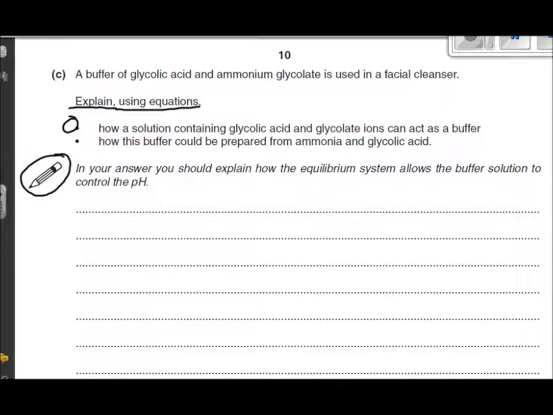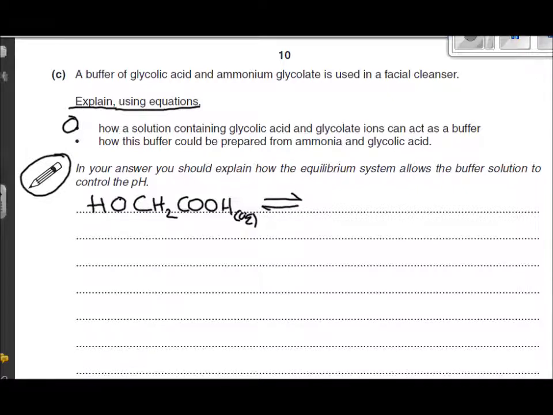So in answering the question, the very first thing I want to do is to write an equation for that equilibrium system. So we have the weak acid, glycolic acid. We're given at the start of this question, in an earlier part, the formula for glycolic acid, HOCH2COOH. And when we put that into solution, it's a weak acid, and so it partially dissociates.